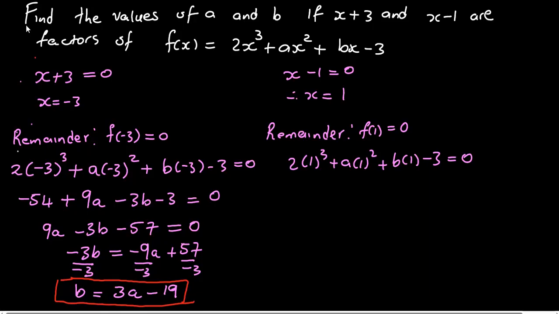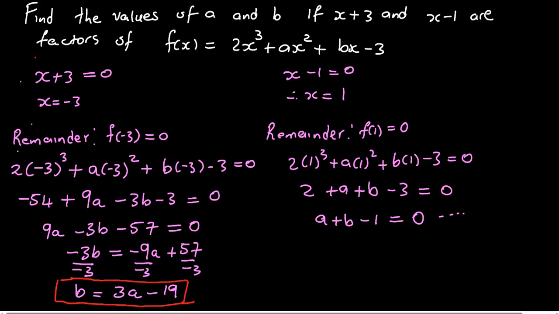If we solve, the first part will be 2 plus a plus b minus 3, equated to 0. Now we can add the like terms and say this is a plus b, and 2 minus 3 is minus 1, equated to 0. Please allow me to call this equation 2.